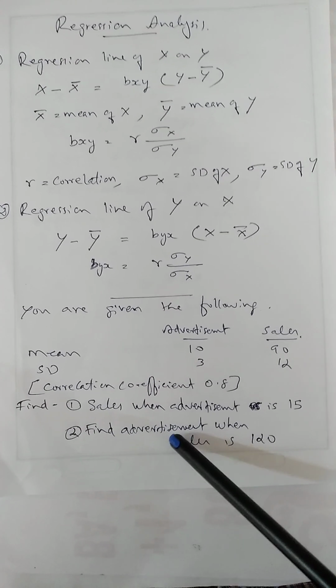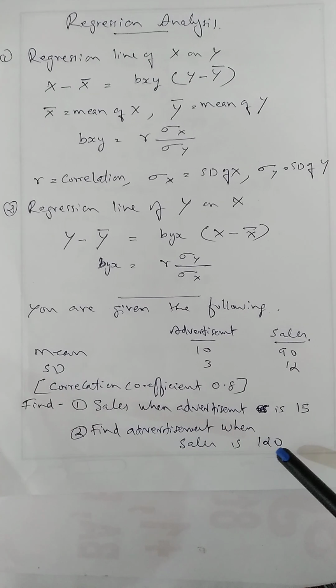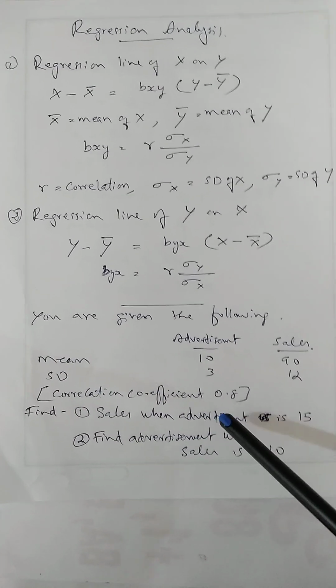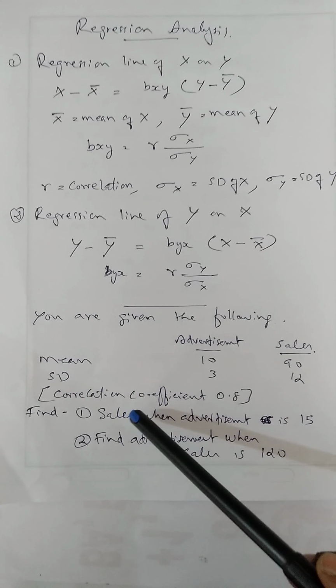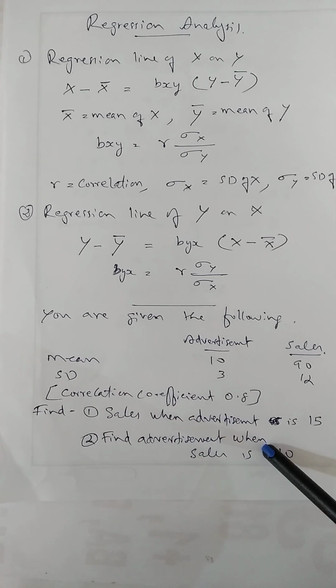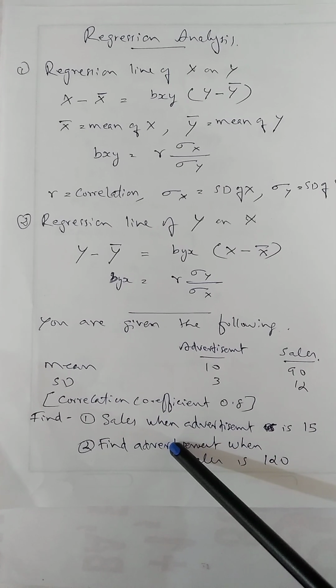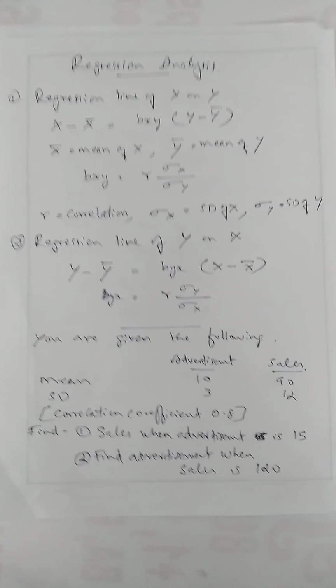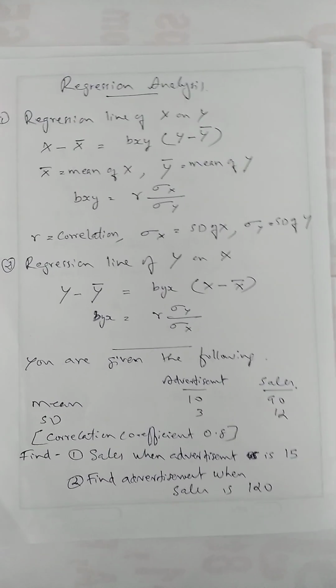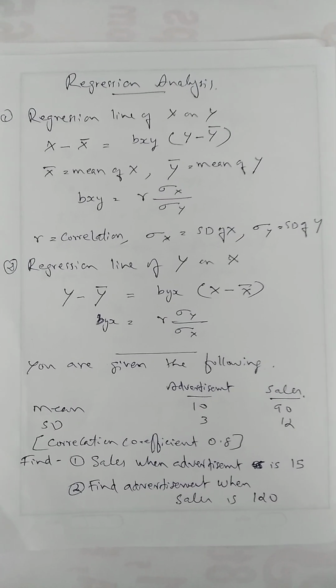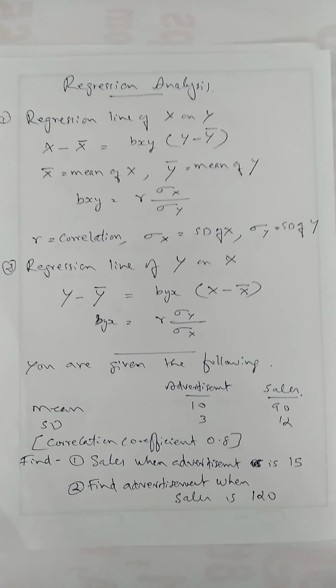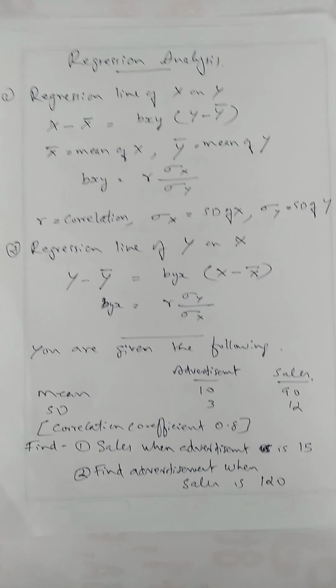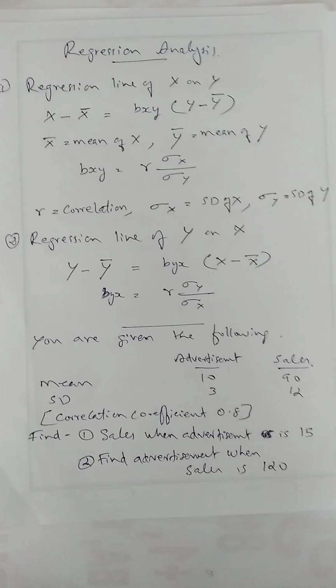Then find advertisement when sales is 120. That means by giving advertisement, you are asked to find sales. Then by giving sales, you are asked to find advertisement. We already studied that regression analysis is used to find the value of one variable with the help of another variable. In such a situation we use regression analysis.